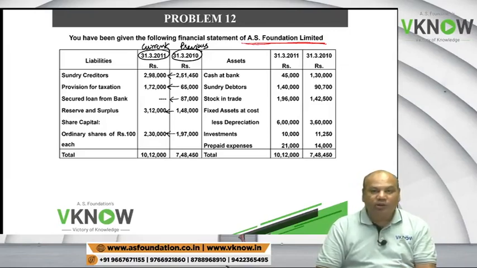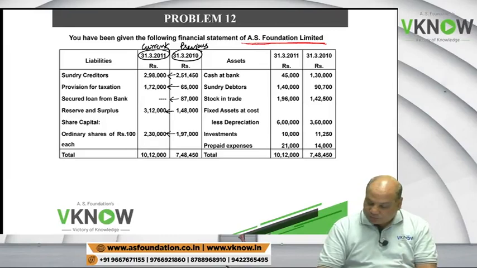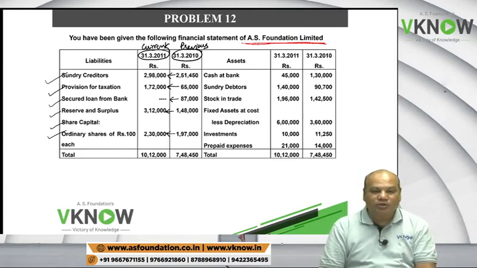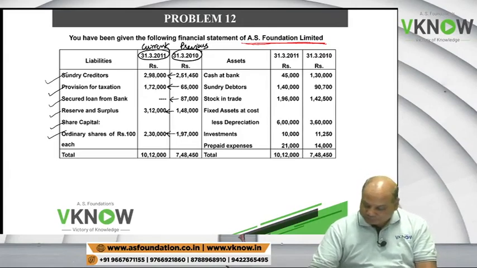Let us read the liability side first. Liability side: sundry creditors, provision for taxation, secured loan from bank, reserve and surplus, share capital, ordinary share of rupees 100 each.